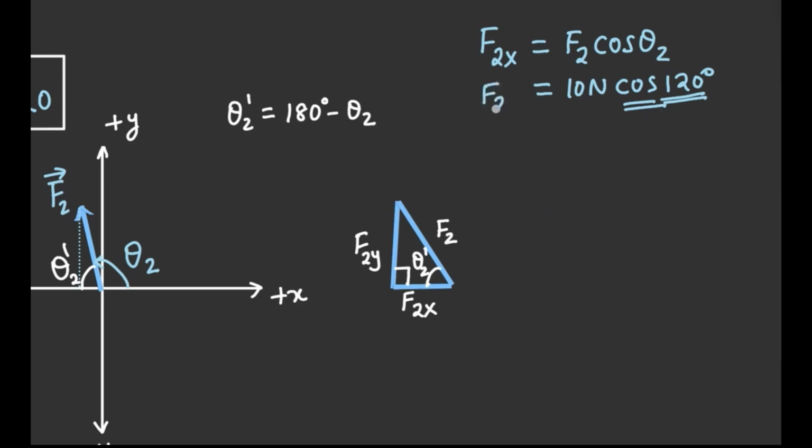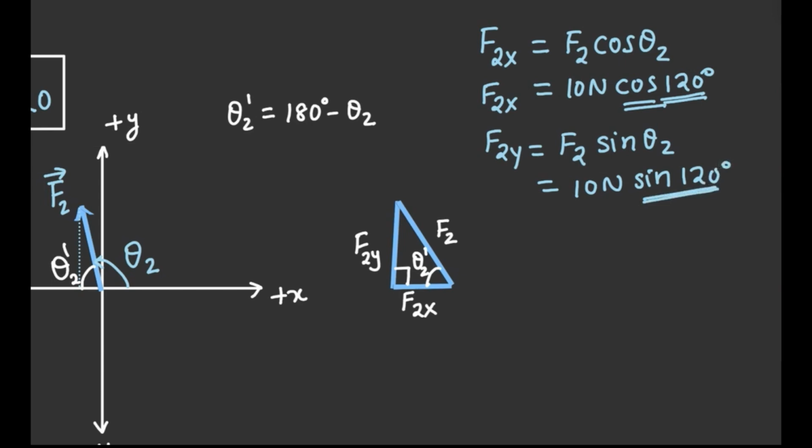So when we use the real angle as measured from the positive x-axis going counterclockwise, F2x comes out to be negative automatically. Let's move on to F2y. F2y will be equal to F2 sine theta 2. That gives us 10 newtons times sine of 120 degrees. Sine is positive in the second quadrant, so F2y will be a positive number.